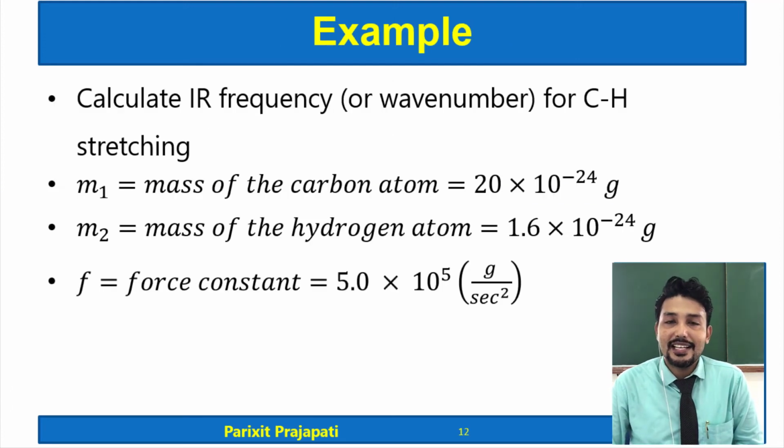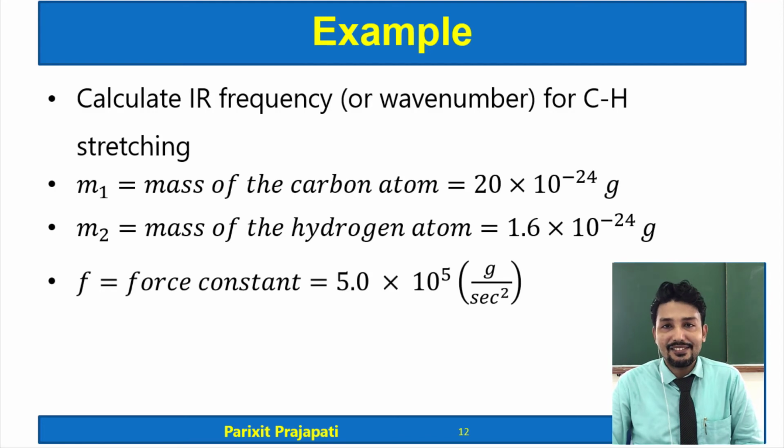Now, let us take one example to calculate IR frequency or wave number using Hooke's law. Here, we will take the example of the CH bond, the covalent bond between carbon and hydrogen, and the stretching frequency. So now we know that using Hooke's law we can calculate it.